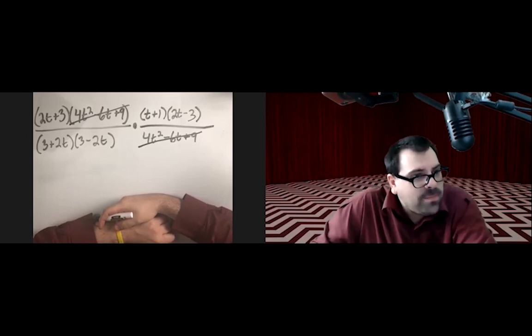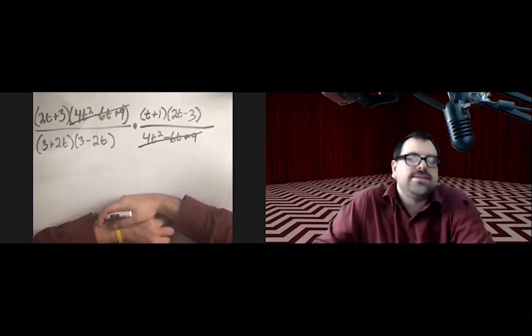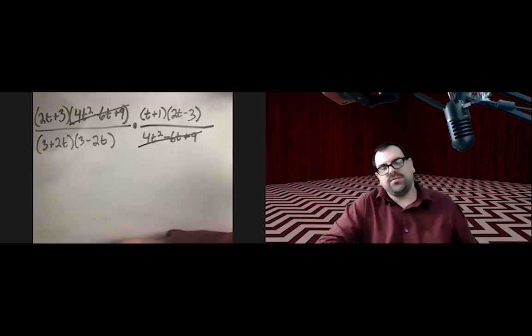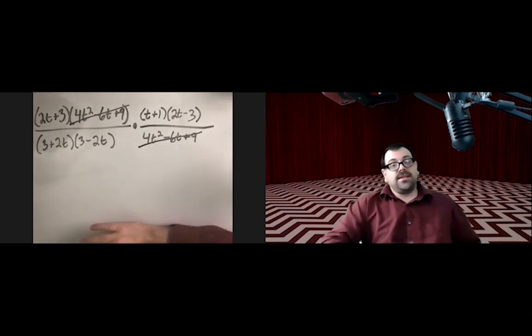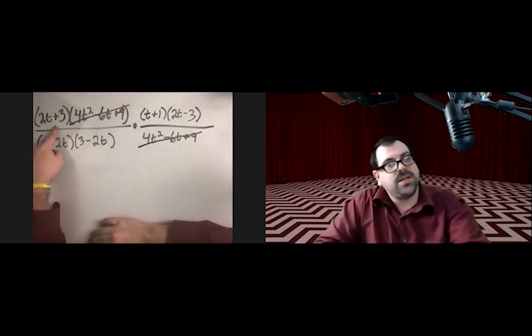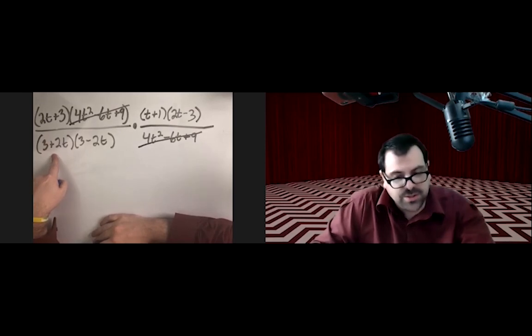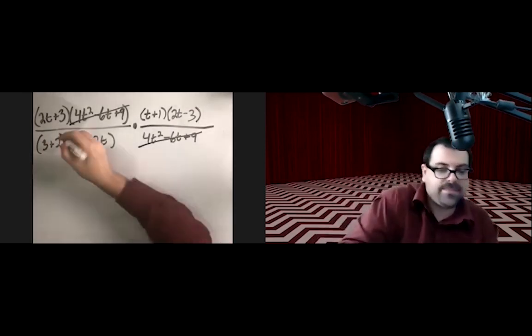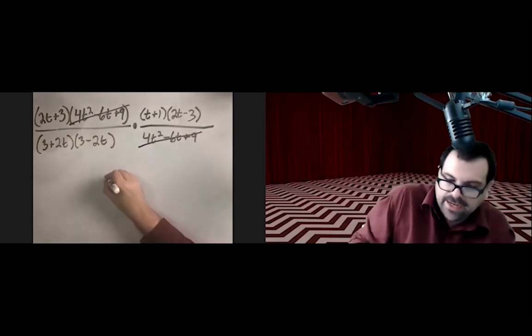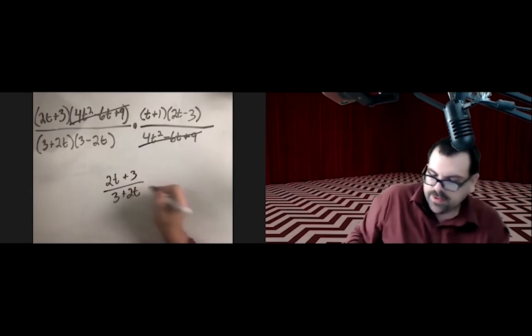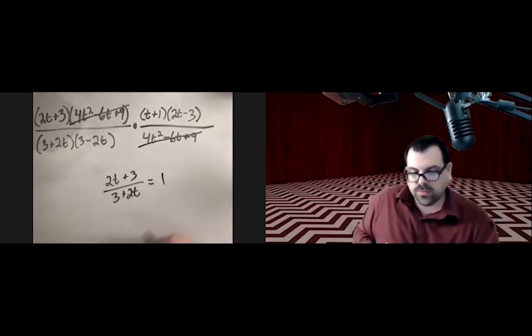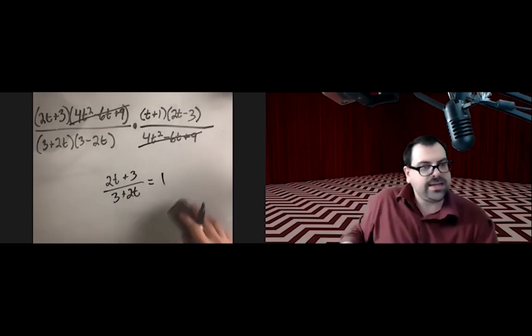Nothing else on the top and on the bottom looks exactly the same, but let's recall our previous conversation in the last lecture, about forms of 1. 2t plus 3 and 3 plus 2t, those are exactly the same thing, because we can add in any order. We saw last time that this equals 1, therefore it cancels away.